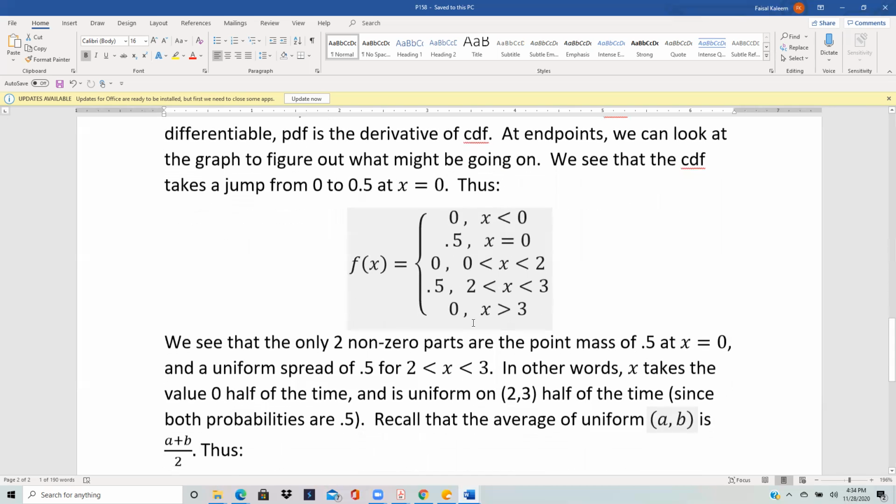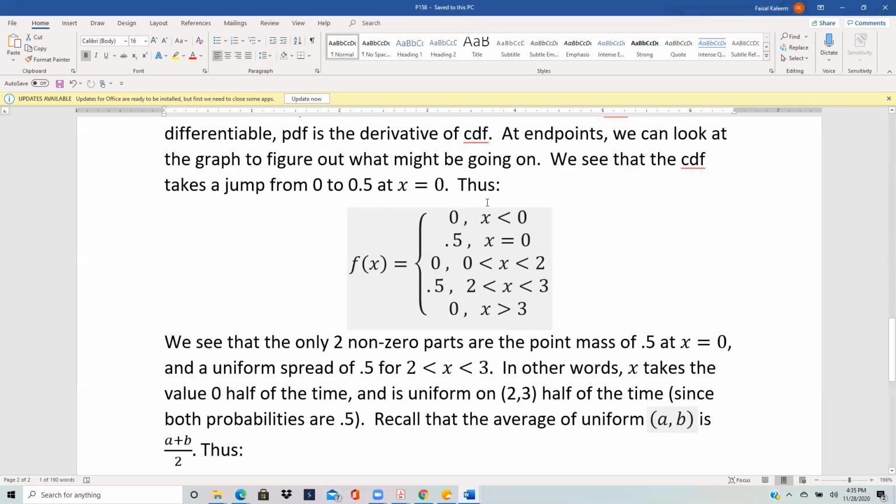Now, observing this PDF, we see that it has only 2 non-zero parts. Here, 0.5, which is corresponding to x equals 0, and then we have a 0.5, which is corresponding to x between 2 and 3. So most of the times we deal with a PDF which is either a completely discrete PDF or a completely continuous PDF. But once in a while, we do come across such PDFs which are mixtures of discrete and continuous.